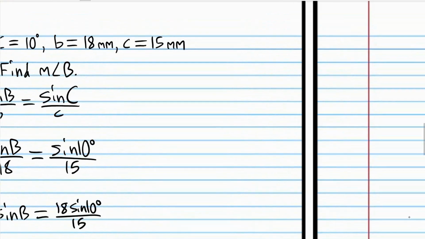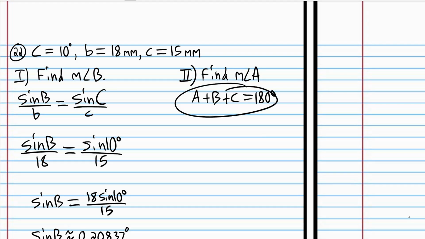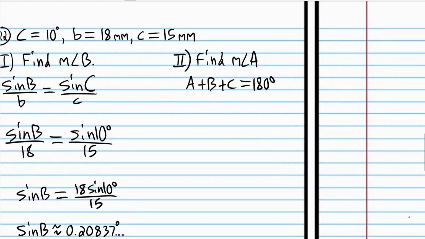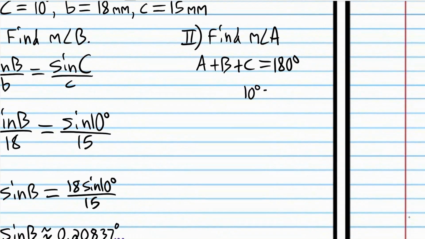So step 2 is to use the triangle sum theorem. We'll find the measure of angle A. And you don't have to write this. You can actually do the math in your head. So C is 10 degrees. B is approximately 12.02.